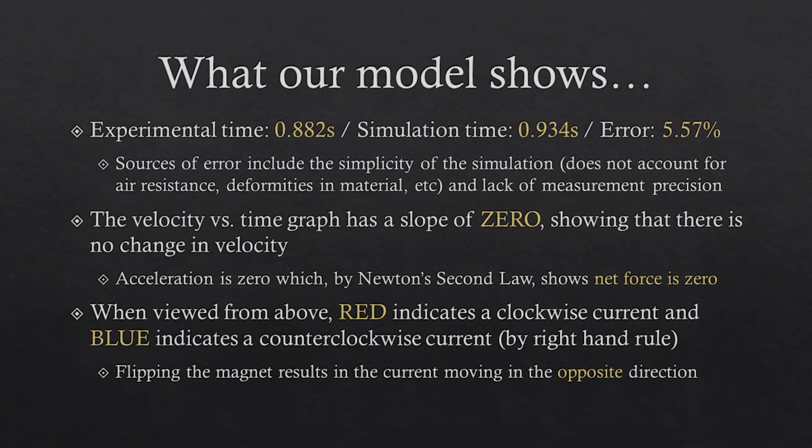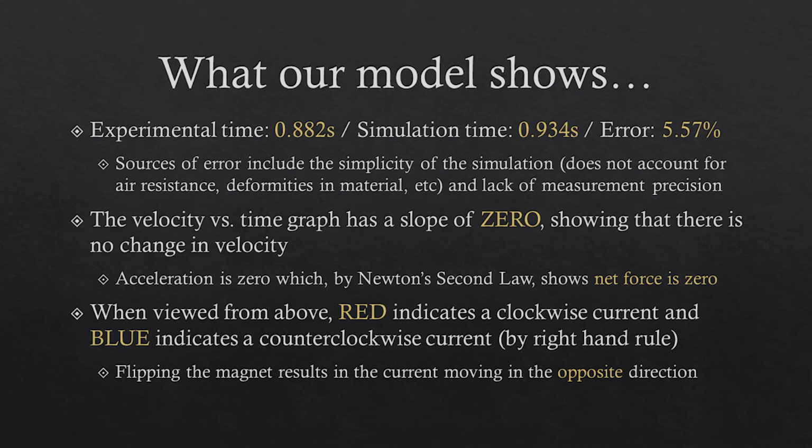As I just mentioned, because there is a slope of 0, this shows that there is no acceleration, which, from Newton's second law, also shows that the net force is 0. So in this simulation, as the magnet is falling, it is not experiencing any net force, so it's not falling any quicker. The velocity is staying constant. Another thing to take note of is that the color is red.